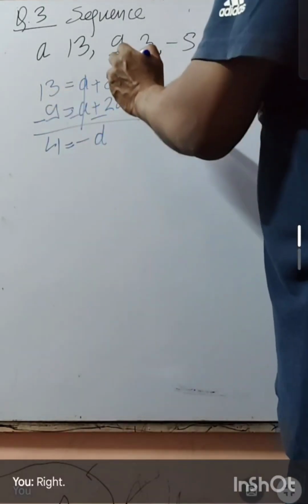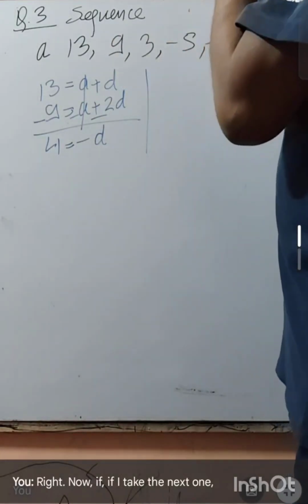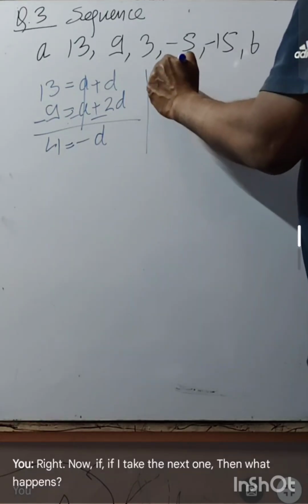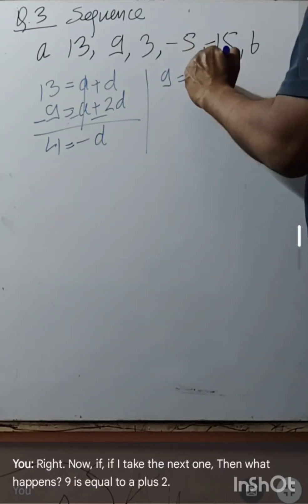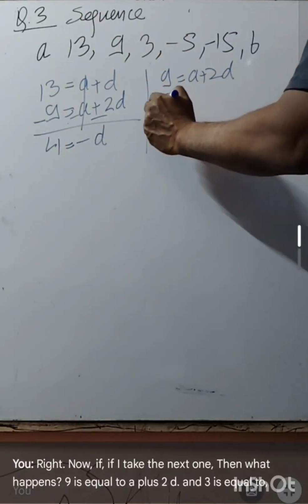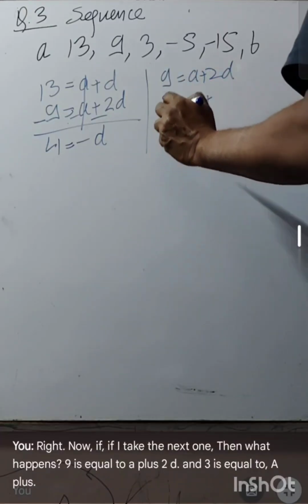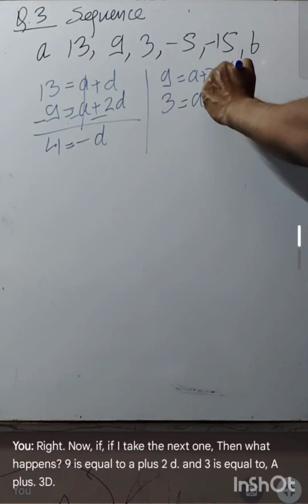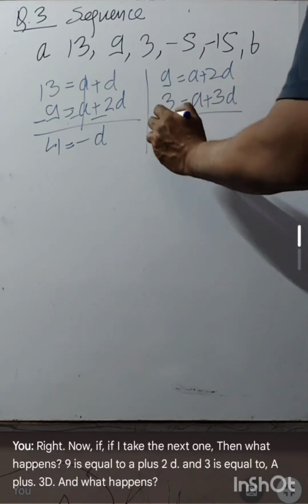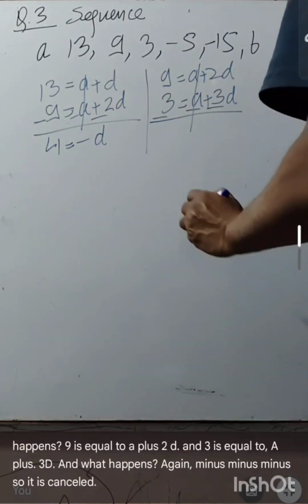Right. Now, if I take the next one, then what happens? 9 is equal to A plus 2D, and 3 is equal to A plus 3D. Then what happens? Again subtract, so A is cancelled out.